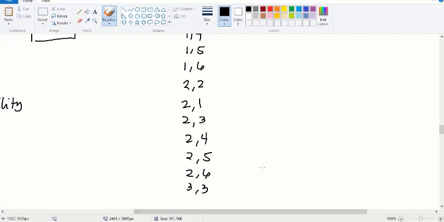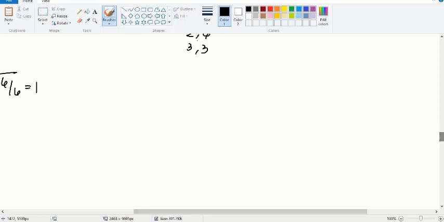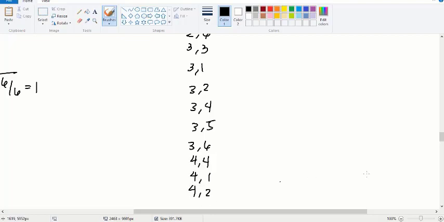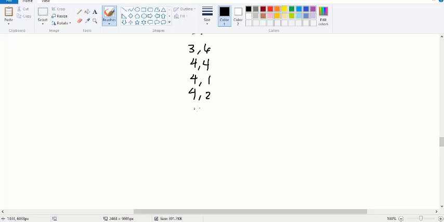And then pwedeng 3, 3. Meron ding 3, 1, 3, 2, 3, 4, 3, 5, at saka 3, 6. And then pwedeng 4 at saka 4. And then 4, 1, 4, 2, 4, 3, 4, 5, and 4, 6. And then merong time na 5 and 5.